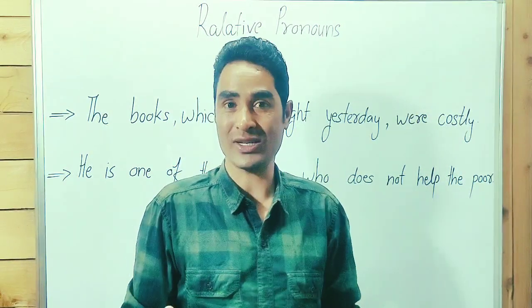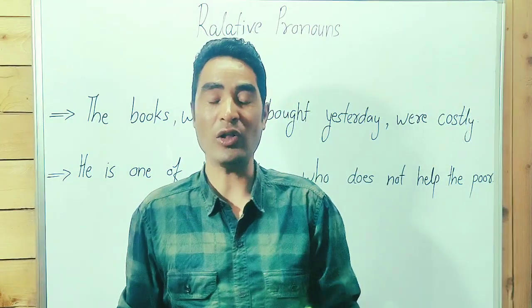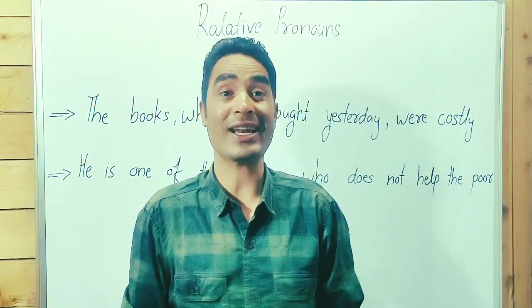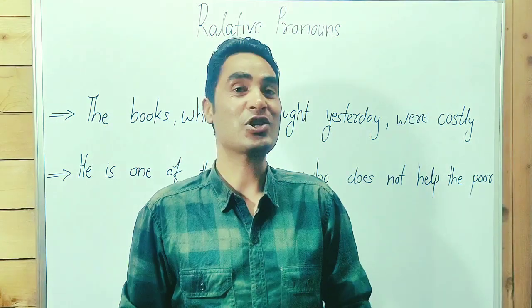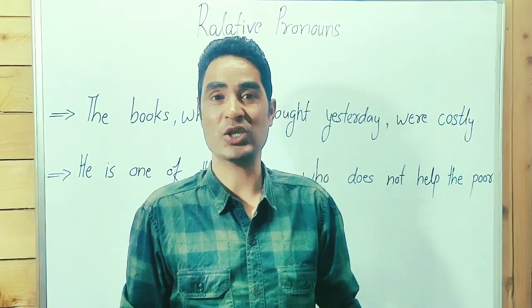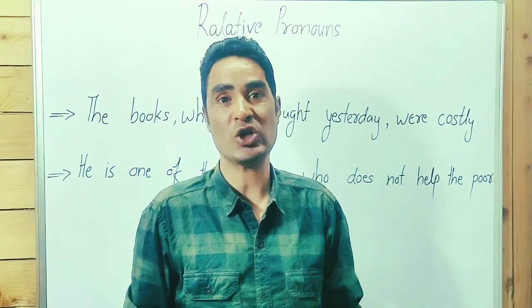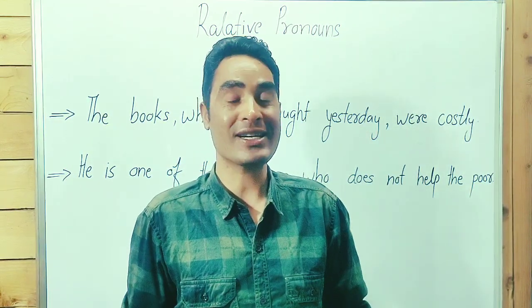Interrogate means to ask a question. All WH family words which are used to ask questions are not interrogative pronouns. If you haven't watched previous videos, please go to the home page of the channel or the description and watch. So today we are going to learn about relative pronoun.